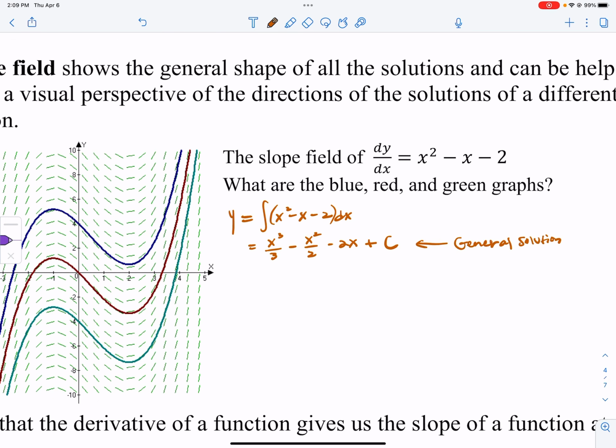So like the blue graph here, notice that it passes through the point (0, 4), which if you plug 0 in for x and 4 in for y, we would get that c is equal to 4. So the particular solution that passes through (0, 4), with the initial condition x equals 0, y equals 4, would be y equals x cubed over 3 minus x squared over 2 minus 2x plus 4.